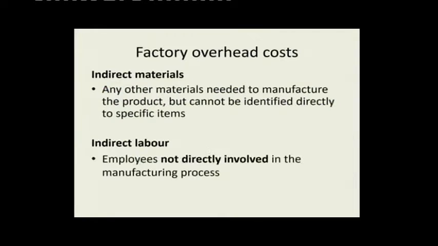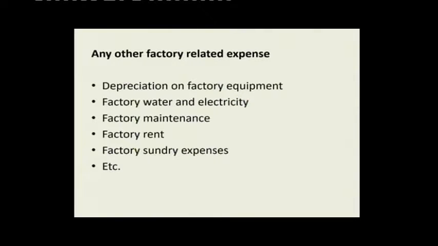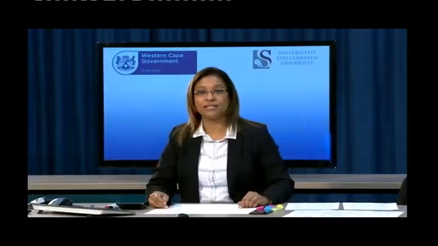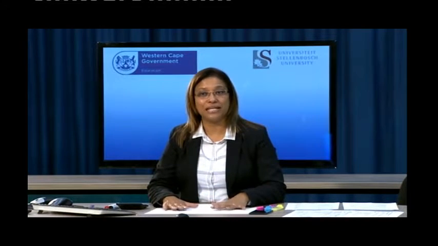And then indirect labor, employees not directly involved in the manufacturing process. In other words, they did not make the item. That's your supervisor and your cleaners. And then any other factory-related cost, factory depreciation, factory water and electricity, factory maintenance, factory rent, factory sundry expenses, etc. So those are the costs that you find in the manufacturing environment. And you'll see those costs occur when we do our production cost statement in a minute.